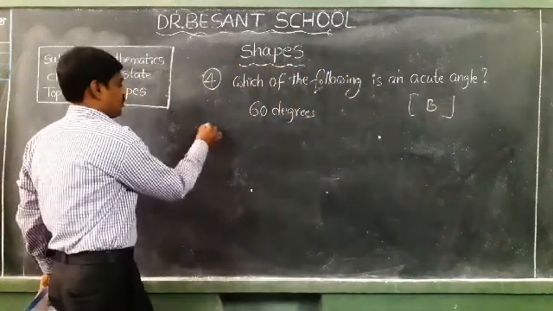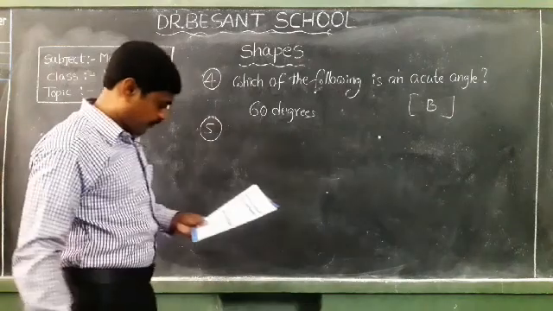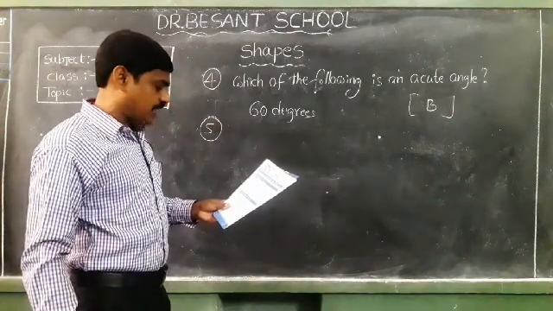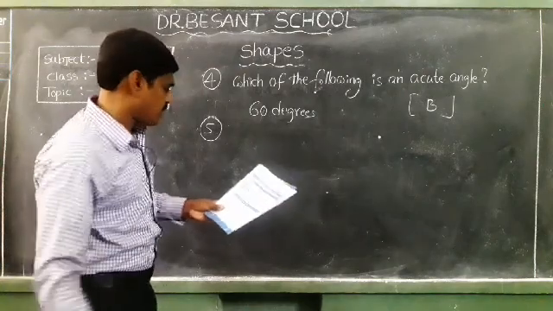Okay. Next, question number 5. The angle between the directions north and east is a dash. Generally we follow east, west, north, south. East and west are opposite, north and south are opposite.